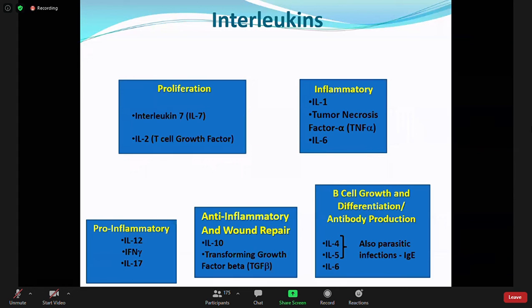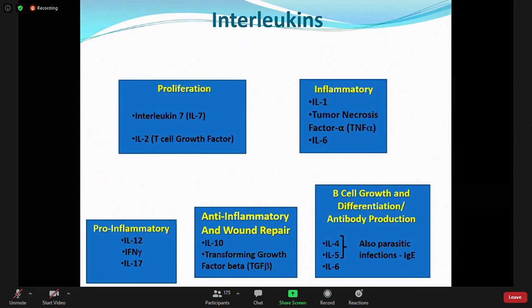IL-2, or T cell growth factor, is an important cytokine for stimulating the proliferation as naive T cells become activated effector cells. So this cytokine induces that proliferative response.